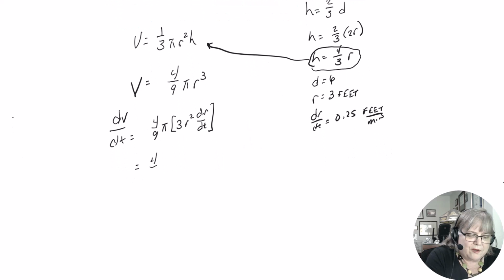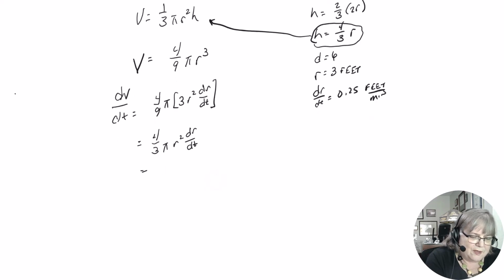So it's 4/3 pi r squared dr dt. And when you substitute this in, r in this case is 3 feet because we're not doing the exact same problem as before. Squared.